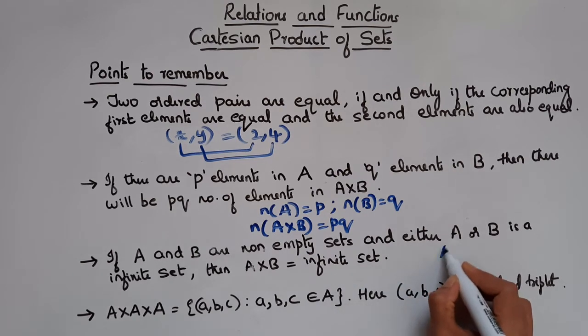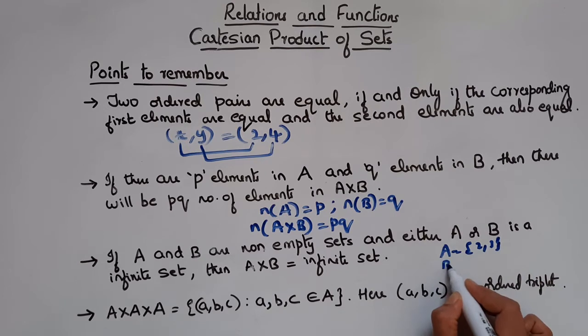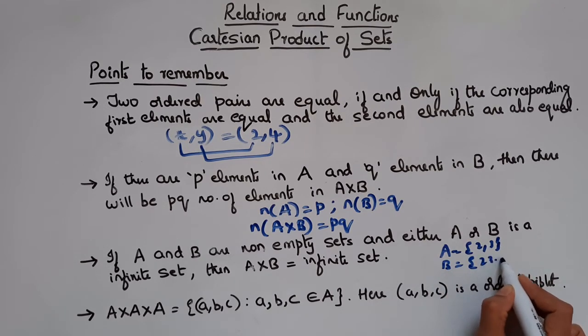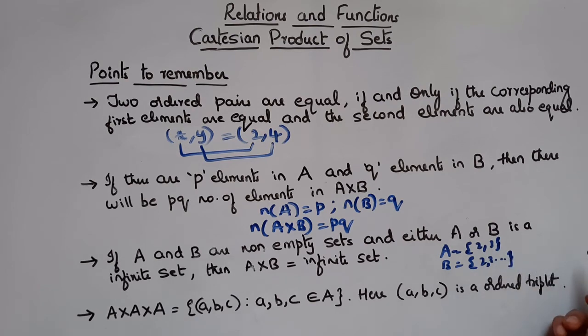Say for example, we have a set A with elements 2, 3 and set B which is infinite. So what will be A cross B? Here you will have an infinite number of pairs, agreed? You will pair 2 with 2, 2 with 3, 2 with 4, 2 with 5, 2 with 6 and so on. Therefore we can say A cross B is an infinite set.